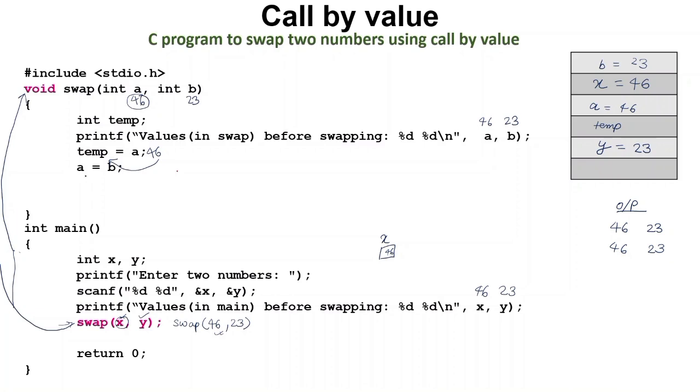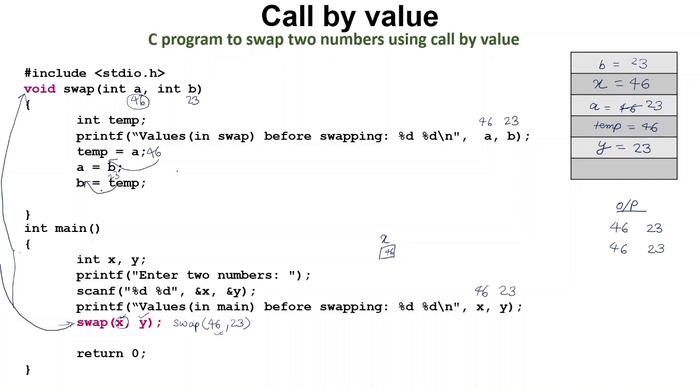Next line is A is equal to B. What does temp contain? Temp contains 46. What does B contain? B is 23. So this 23 is assigned to A. Now A is 23.